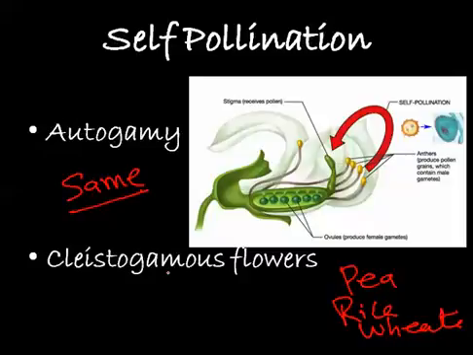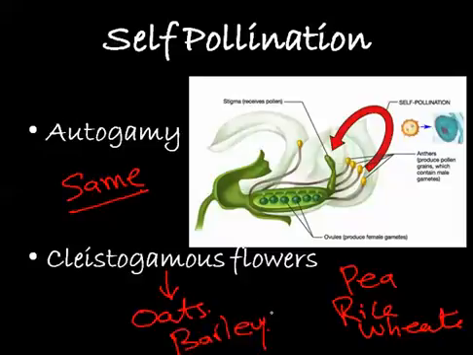There is one more terminology called cleistogamy. These are typical flowers that mandatorily don't open. They are compulsorily self-pollinated flowers. The structure of the flower is made in such a way that only self-pollination is possible. The common examples are oats and barley.